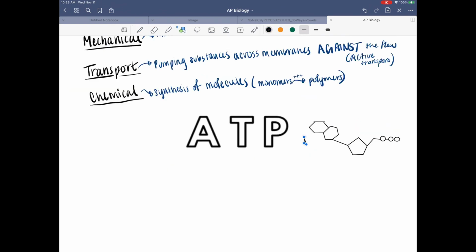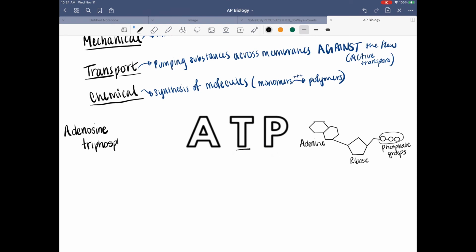All right, ATP. We've looked at this in our activity. We know that ATP consists of adenine, ribose, and three phosphate groups, and that's where the T comes in. It is called adenosine triphosphate. That tri represents the three phosphate groups.